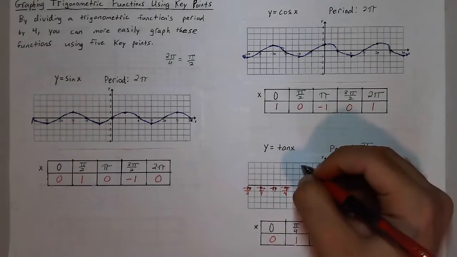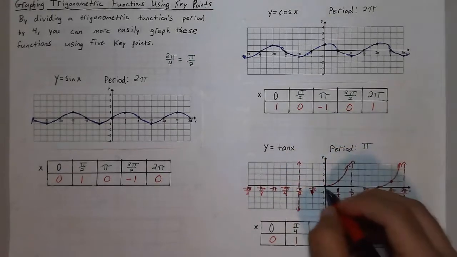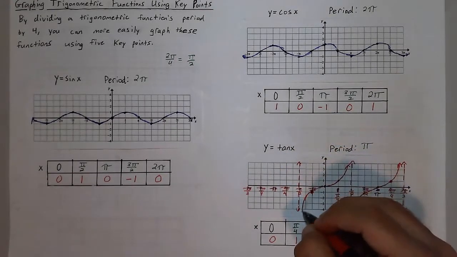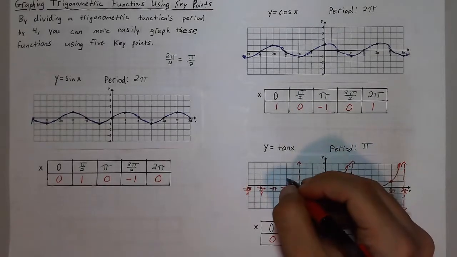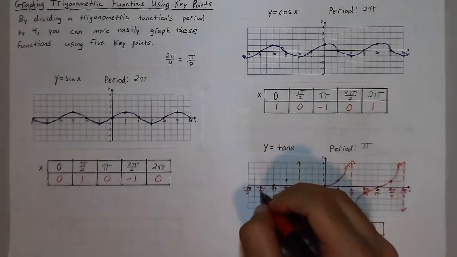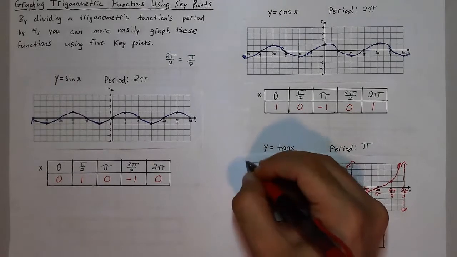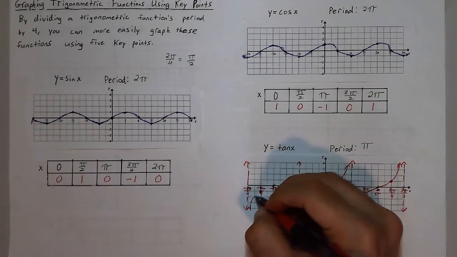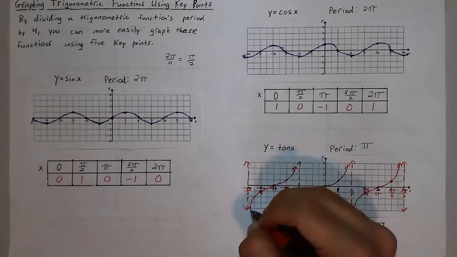And then an asymptote at -pi over 2. And then after the asymptote here, it will be at 1, 0, -1, then another asymptote. And we just graphed 3 cycles of that function pretty quickly.